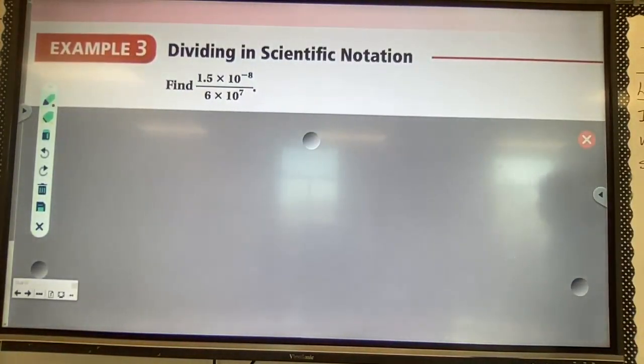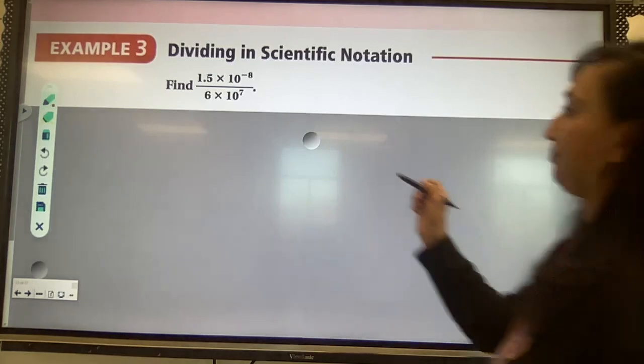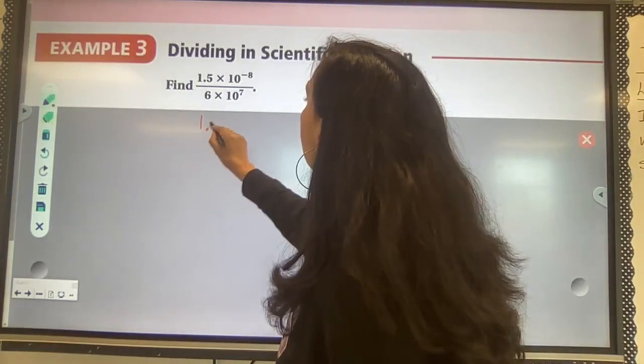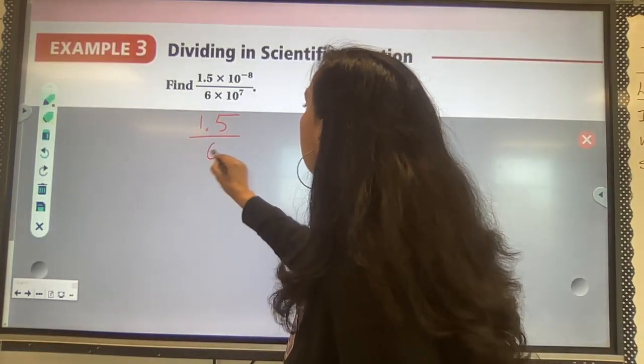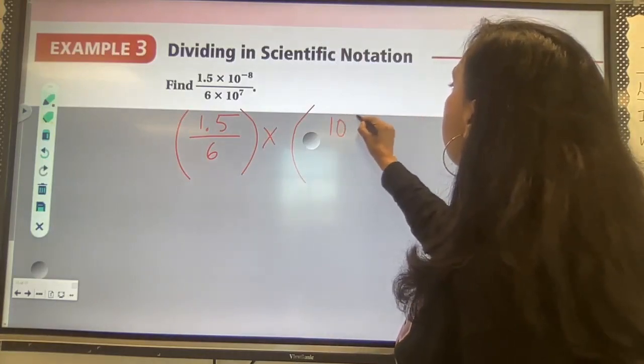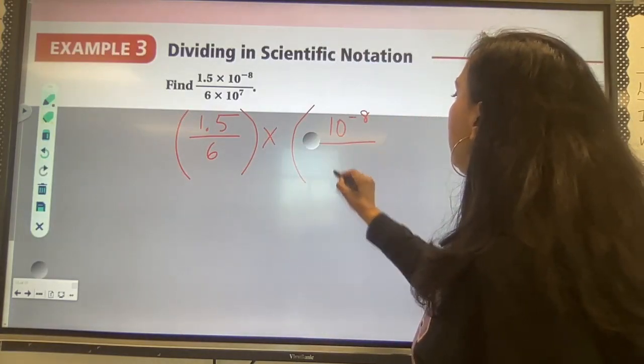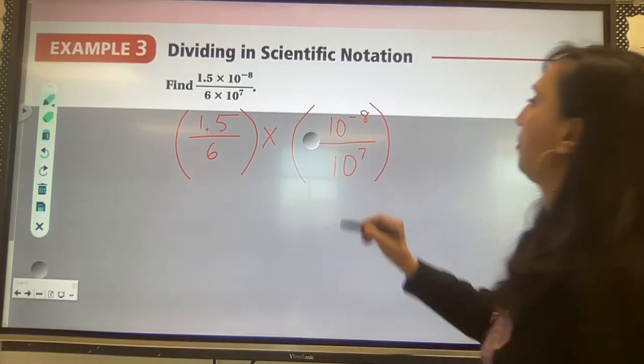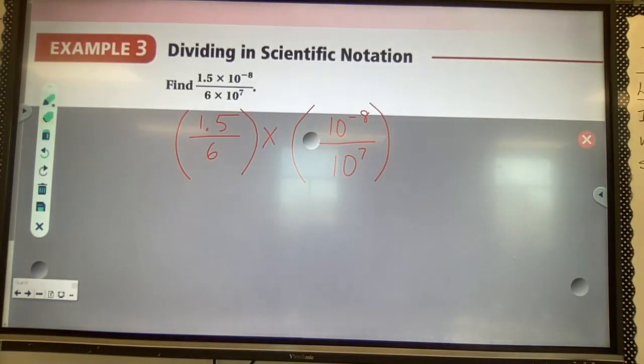Okay, so we are going to again rewrite as a product of fractions. All right, so if I have this, I am going to, again, group it, this times this. Okay, so I'm going to group it like this.